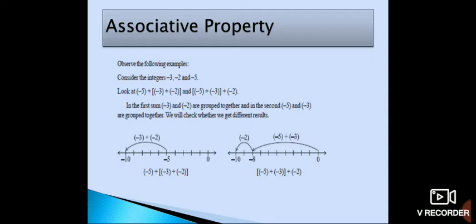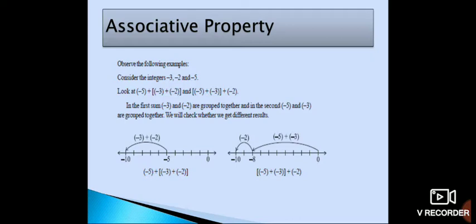Next, associative property. Observe the following. Consider the integers minus 3, minus 2 and minus 5. Look at minus 5 plus the bracket of minus 3 plus minus 2.